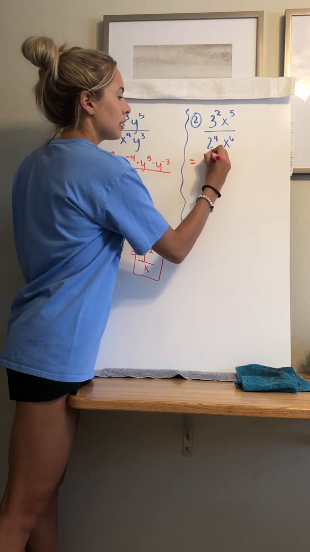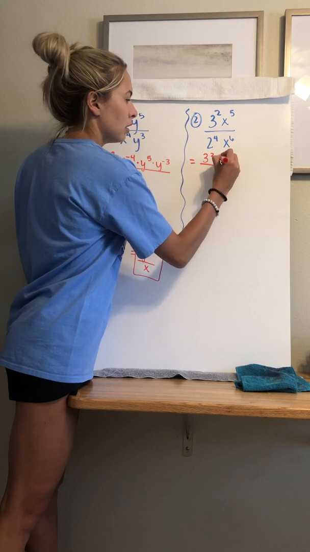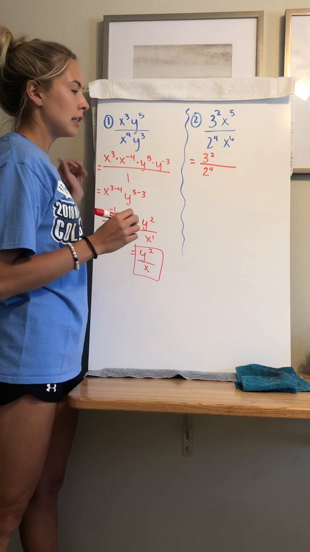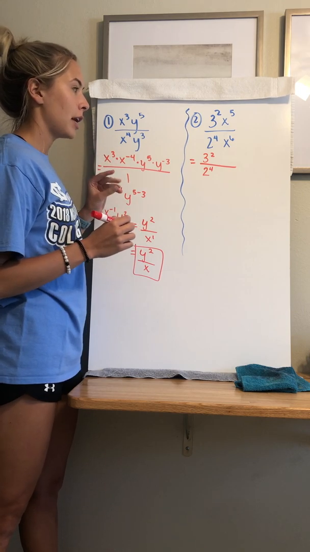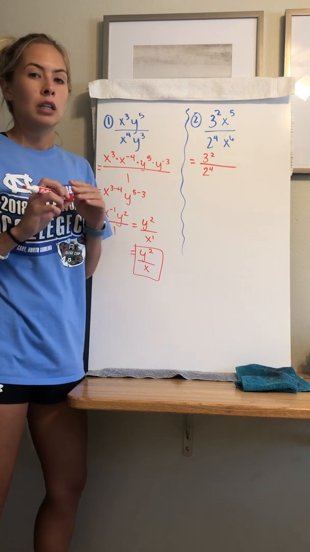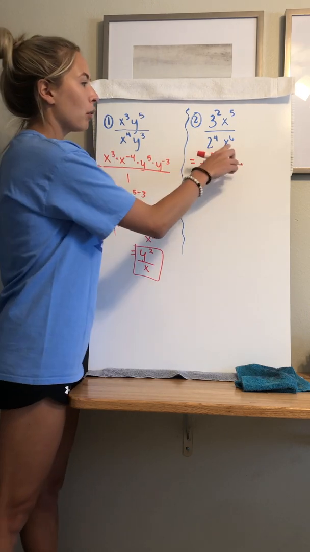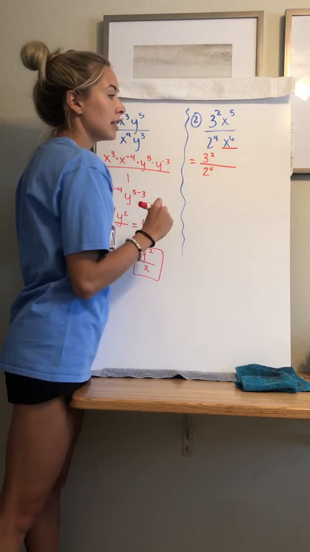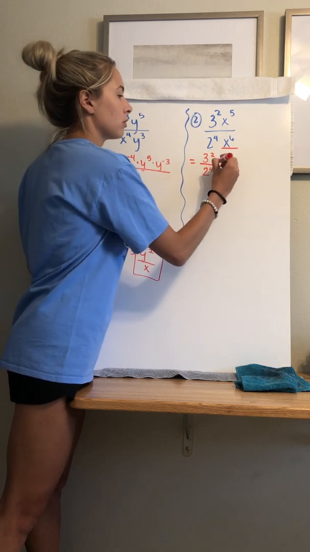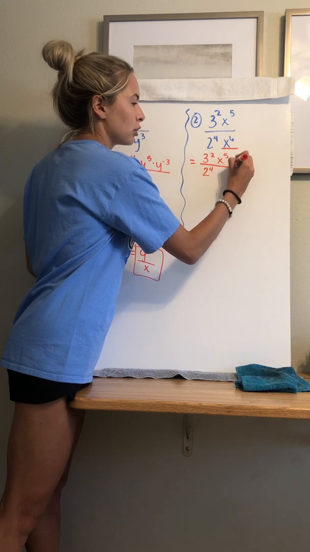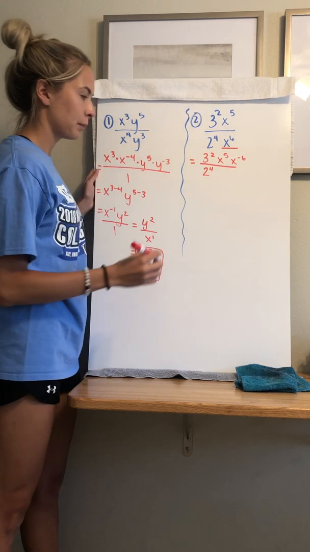I'm going to leave this as it is with my numbers. So 3 squared is in the numerator, 2 to the 4th is in the denominator. But moving things from the denominator to the numerator, I am going to do that with this term and that term only. So I'm going to keep my x to the 5th and multiply my x to the negative 6th.